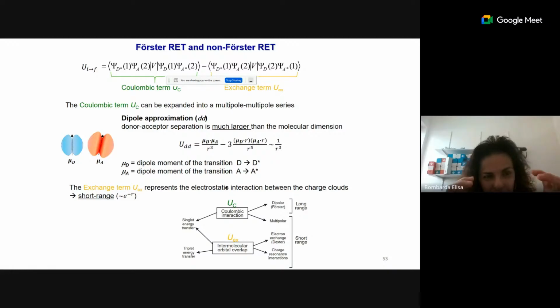And so what happens is practically this: you have a dipole field, and the dipole field around the donor is decreasing to go to enhance the one in the acceptor field.